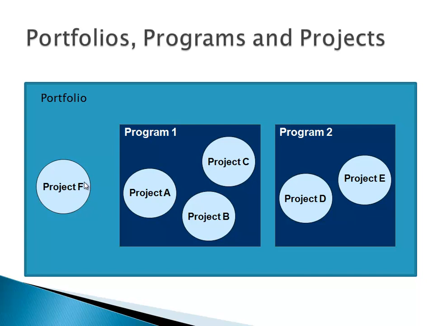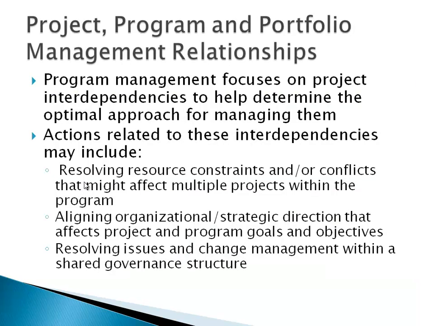The program management focuses on project interdependencies to help determine the optimal approach for managing these projects. Actions related to these interdependencies may include resolving resource constraints and or conflicts that might affect multiple projects within the program.